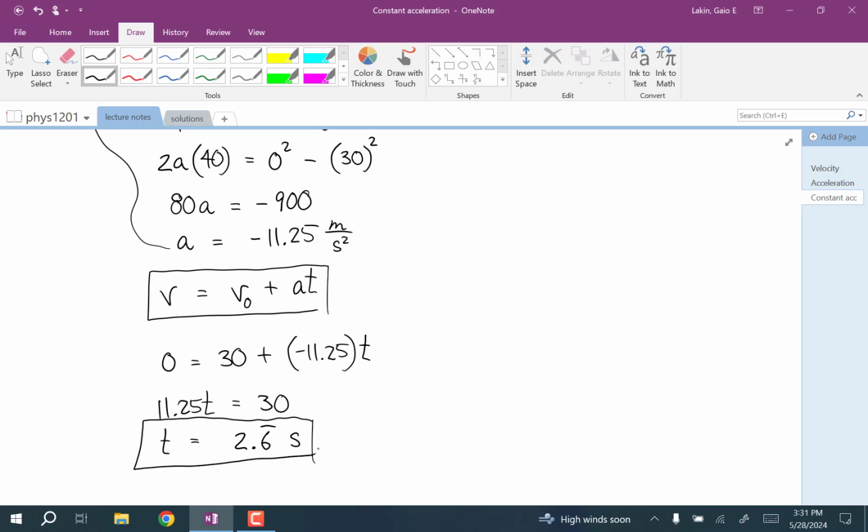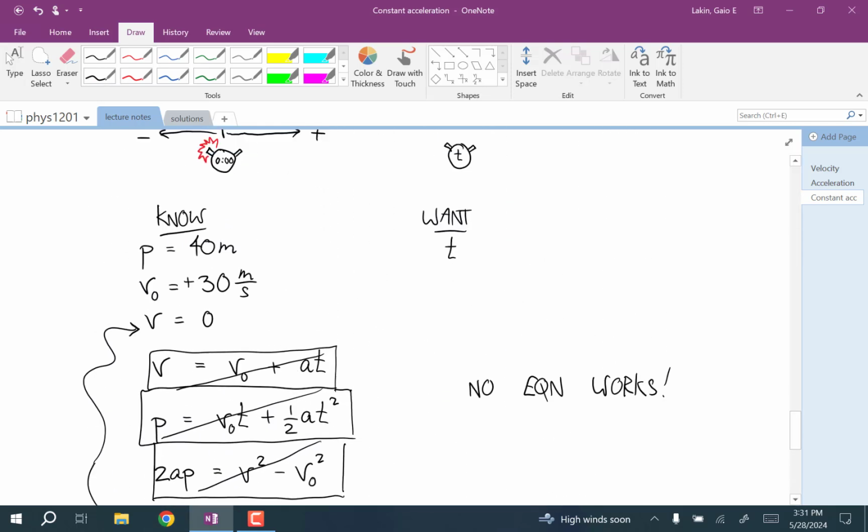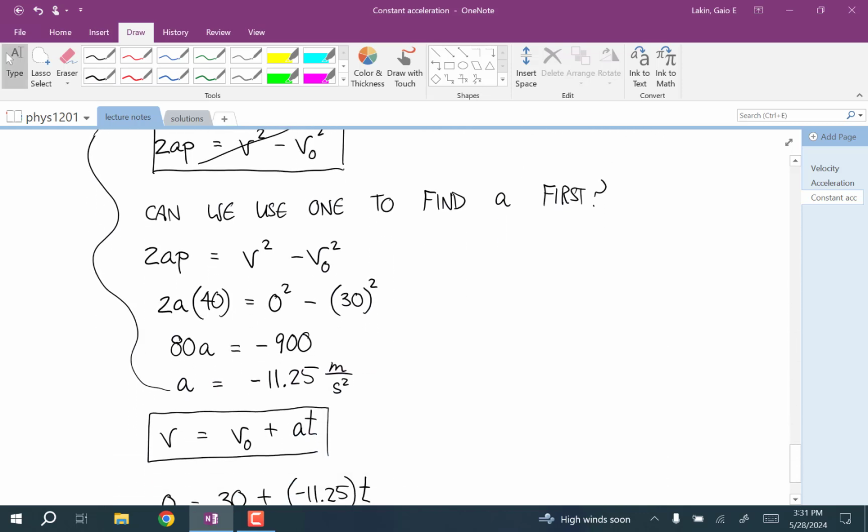And so we know that the velocity and acceleration have to have opposite signs. So let's look at what they are. Our velocity over the whole thing ranged between 30 and 0, so it's positive the whole way. Our acceleration is negative, and so yes, it makes sense. This thing is slowing down, and our velocity and acceleration had opposite signs.